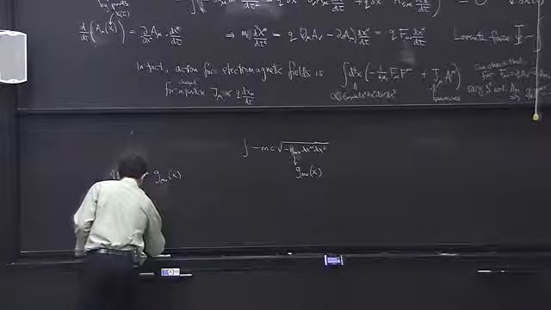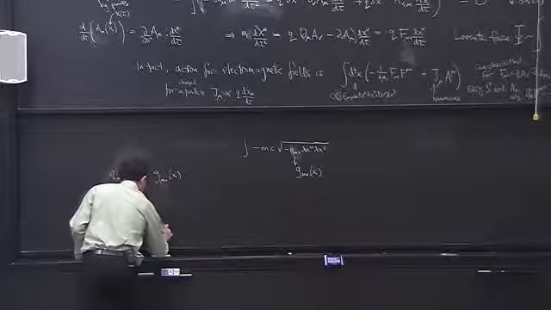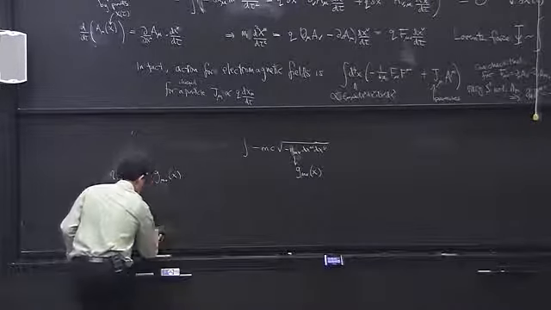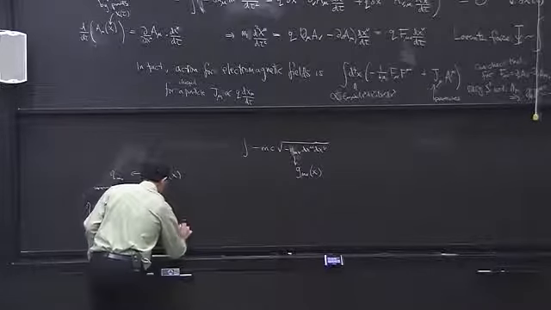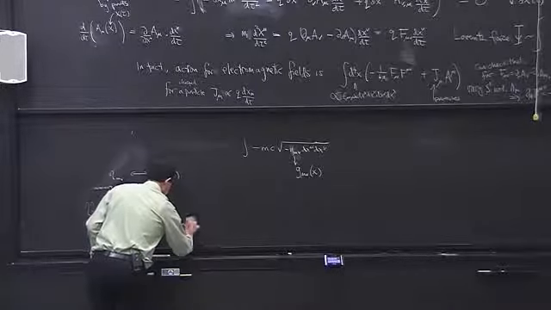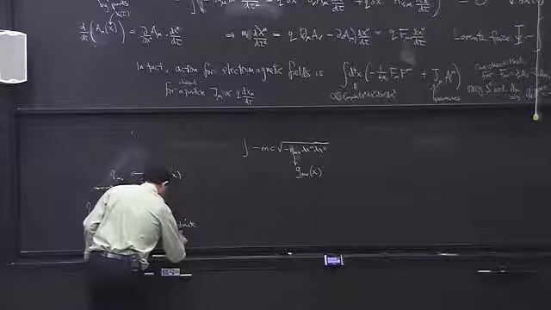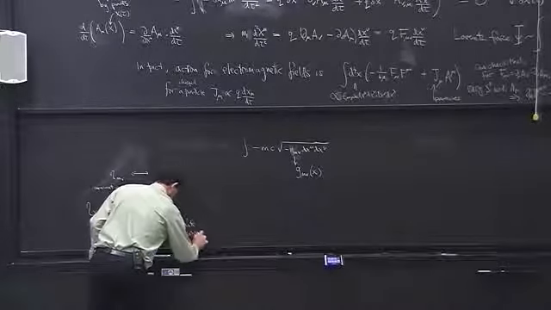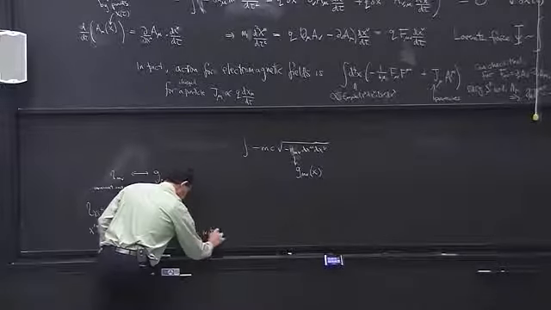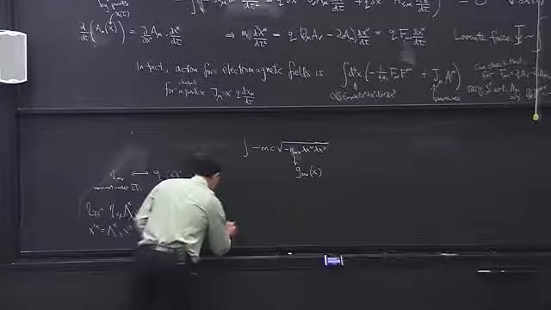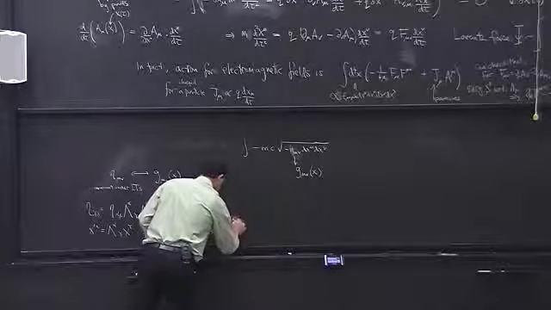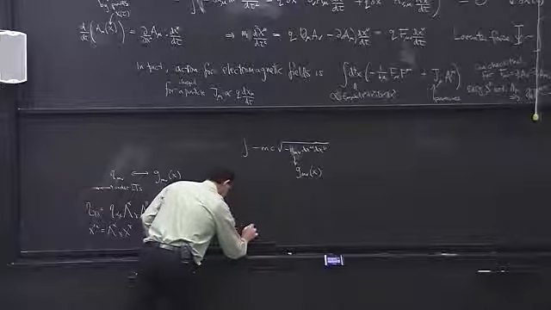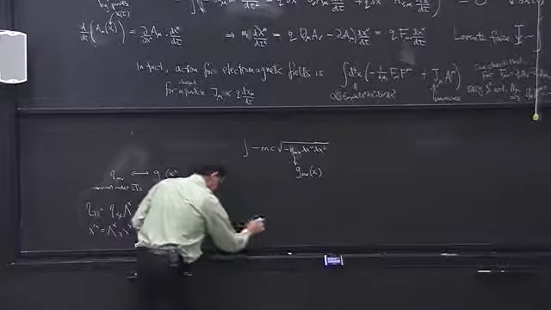So obviously it's true that the coordinate transformation matrix, and by that I mean the partial derivatives, dx prime alpha dx beta, is lambda alpha beta.